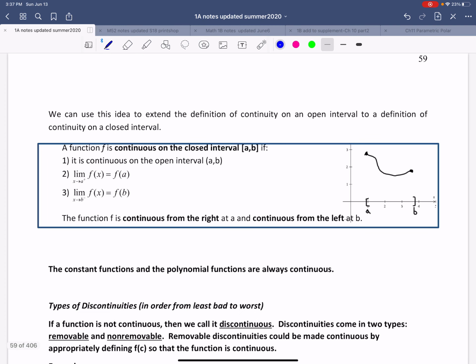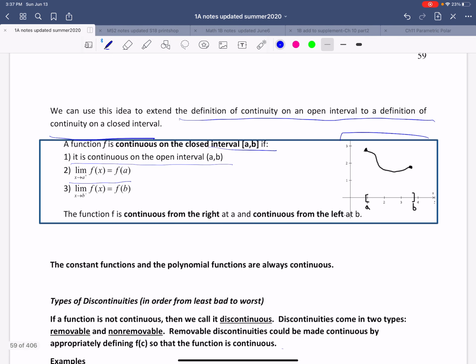We can use this idea to extend the definition of continuity on an open interval to the definition of continuity on a closed interval. For a closed interval [a, b], we need the function to be continuous in the open interval. We need the limit as x approaches a from the right hand side equal to f of a, and the limit as x approaches b from the left hand side equal to f of b.